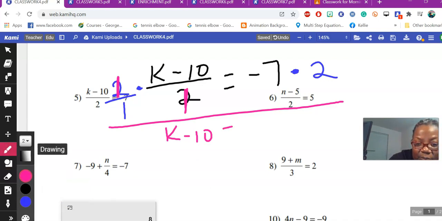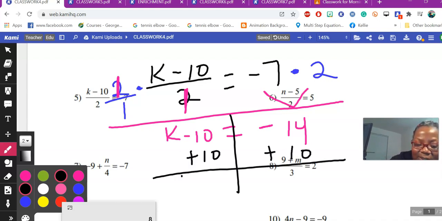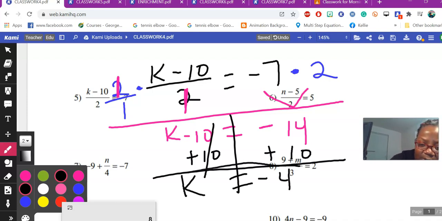If we bring down the rest of what we have, we get negative 14 on this side. And what we just did was create a one-step problem. So to get k by itself, we now add. Notice we did things kind of backwards. There it is. K canceled out. Negative 14 plus 10, negative 4. K equals negative 4. We'll try one more of those.